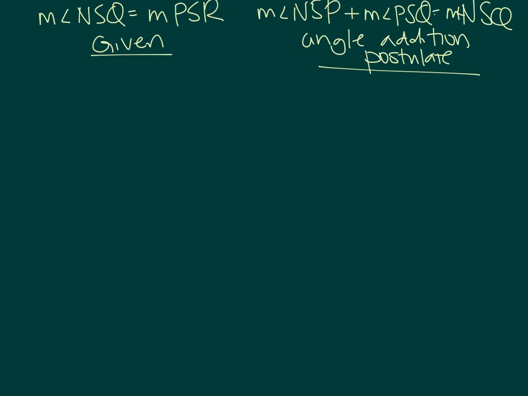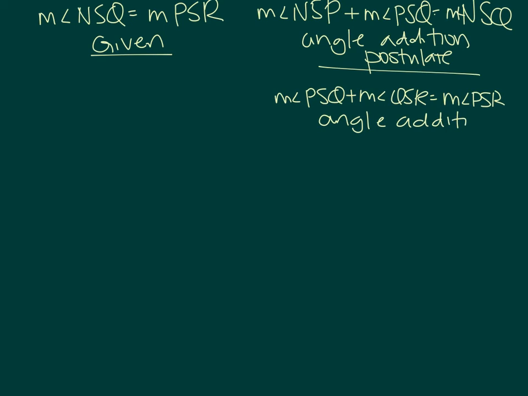I also know that the measure of angle PSQ plus the measure of QSR equals the measure of angle PSR, and that's by the same reason, the angle addition postulate.